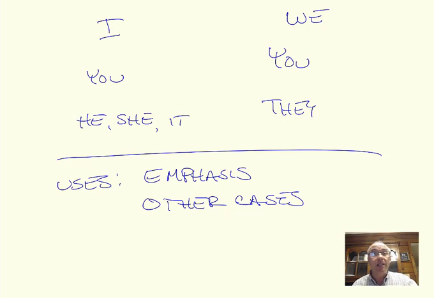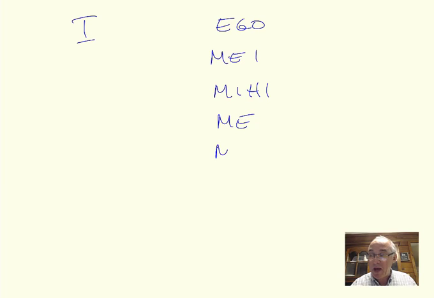Not terribly complicated. This chapter, a lot of memorization. Let's talk about I and all of its uses. Ego, mei, mihi, me. There you go. Nominative, genitive, dative, accusative, ablative.